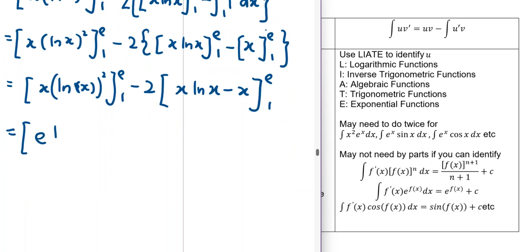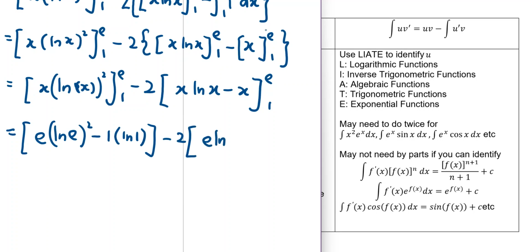Okay, e (ln e) squared minus 1 times (ln 1) squared, that will be 0, minus 2 times e ln e minus e, minus ln 1, which is 0. So you can just put a negative 1 for the second part.